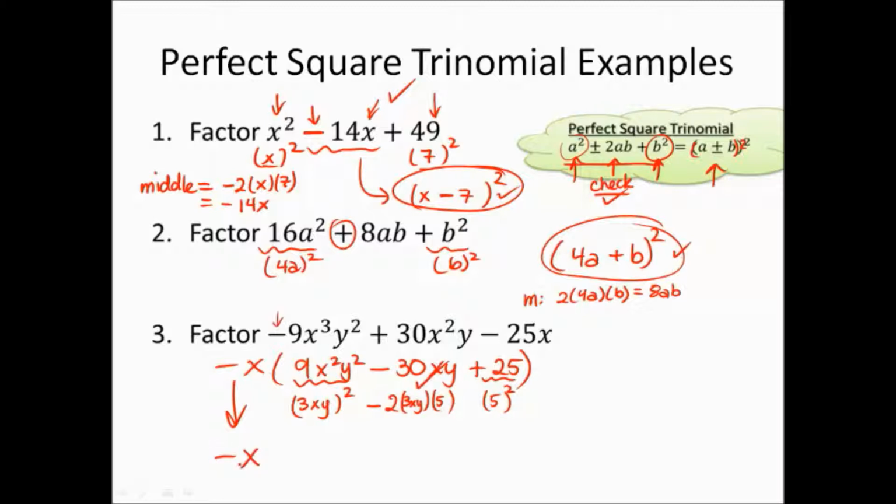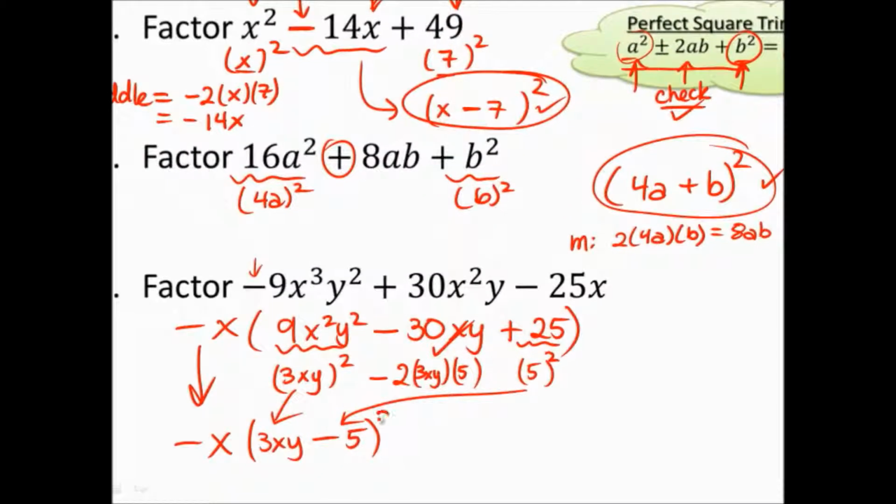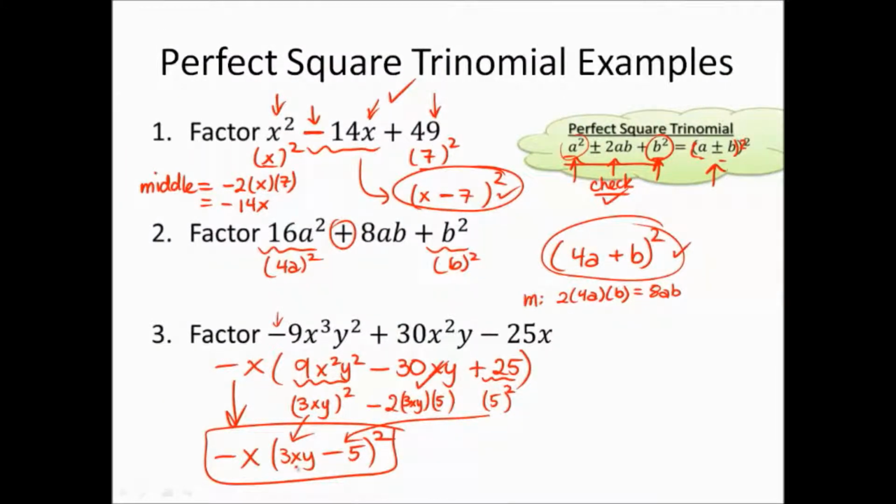So what this allows us to do is keep the outside common factor out, and we can take the first and the last because of this formula: 3xy and 5, and the minus sign all squared, and this should work. If you're not sure, you can open it up, distribute it, and see if it comes back to this. Remember to multiply only 2 at a time and keep them in brackets as you do so.